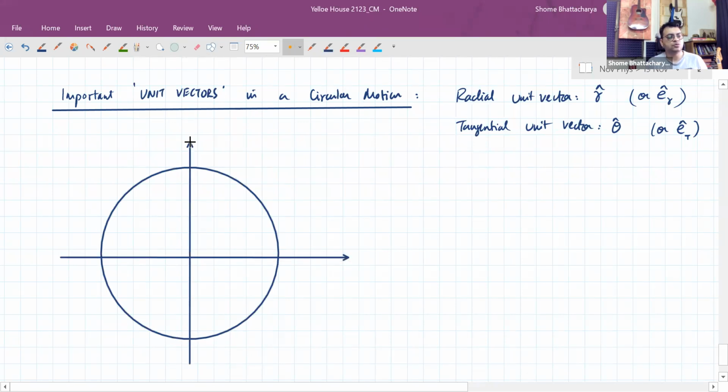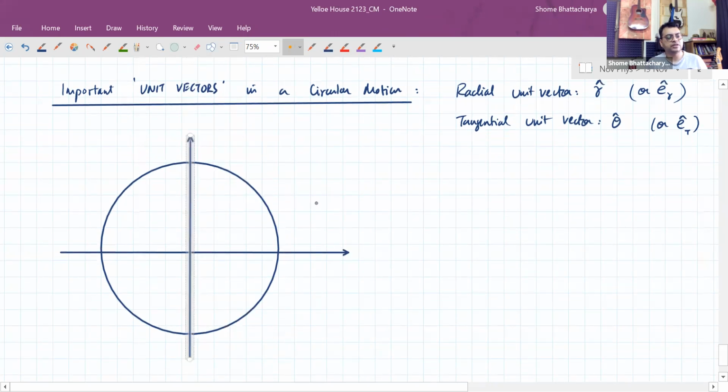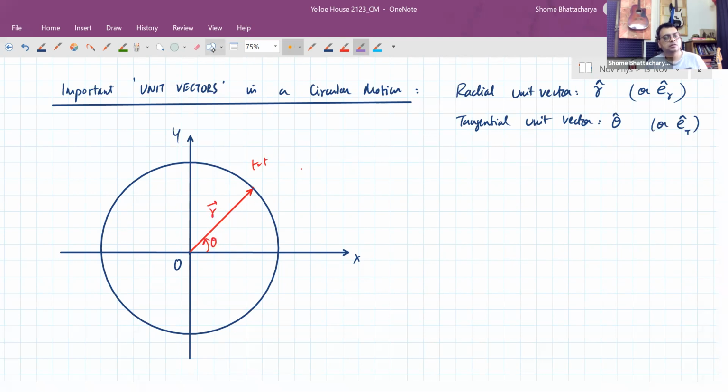So we are taking a standard coordinate frame for a circular motion where the motion happens in the xy plane. The center of the circular motion is the origin, and we use the x-axis as the reference axis for angular position. So if a particle is located at some point of time at an angular position theta, then at that particular instant, if we draw a unit vector which is pointing along the radius, it is called the radial unit vector.